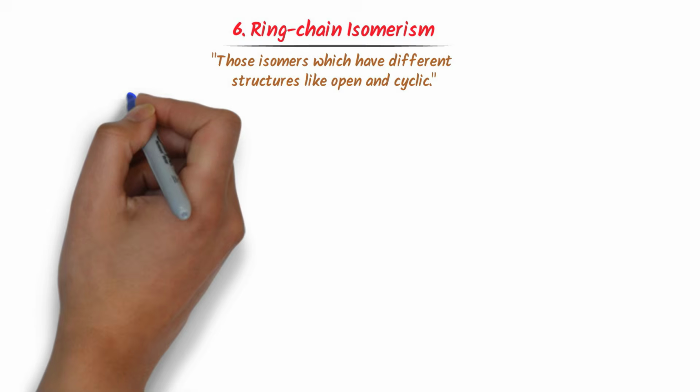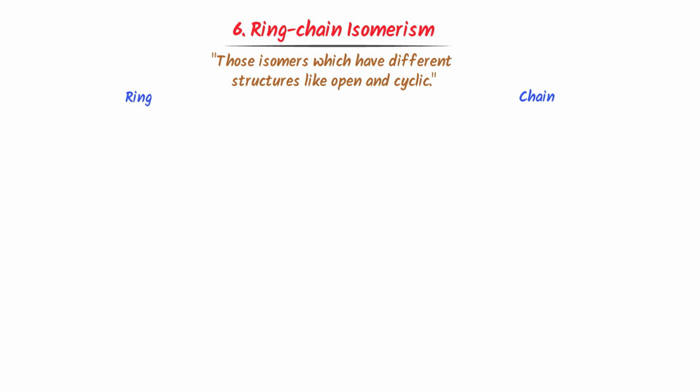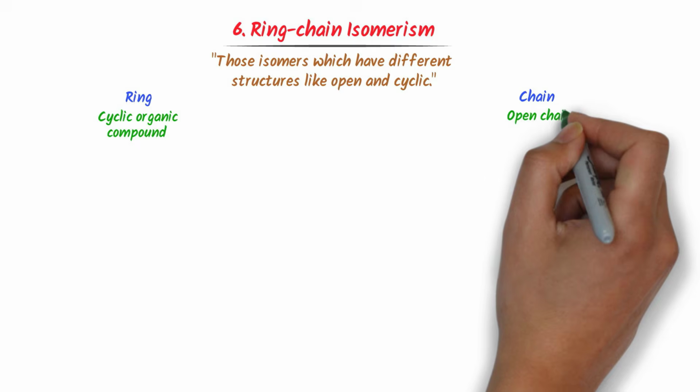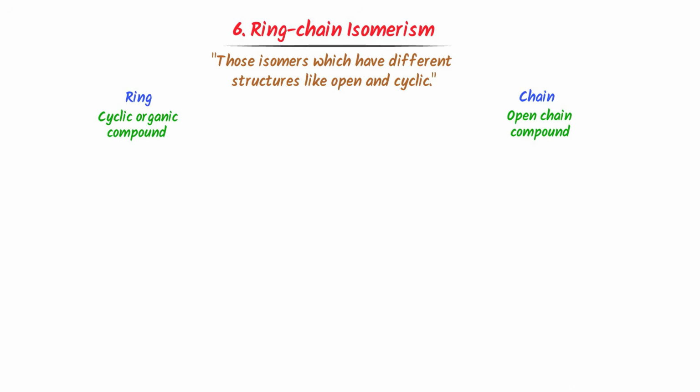Here, the word ring chain isomerism teaches the whole concept. The ring stands for cyclic isomer and the chain stands for open chain. So ring chain isomers are those which have one open chain compound and one cyclic compound.